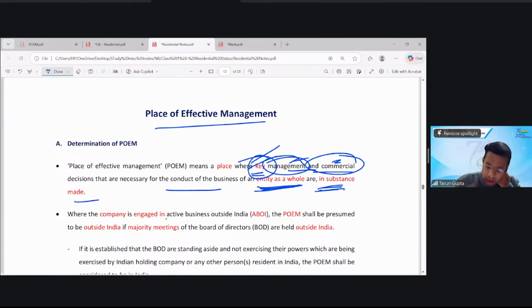Thirdly, the decision should impact the entity as a whole. We are not talking about a region or a product class. We are talking about the entity as a whole. And lastly, the concept of POEM is substance over form. You don't have to see the form, but you have to see the substance.